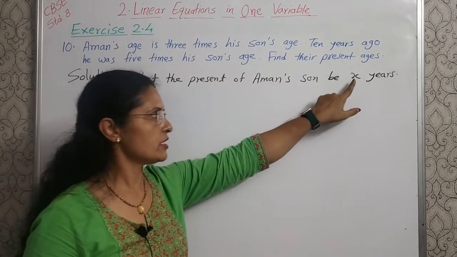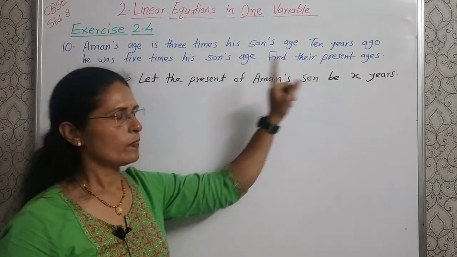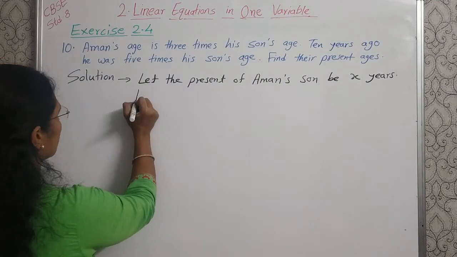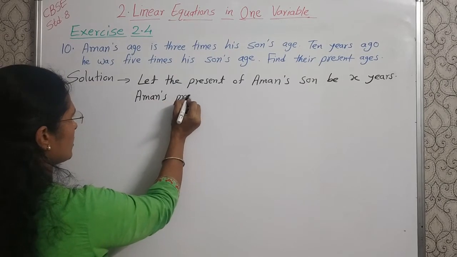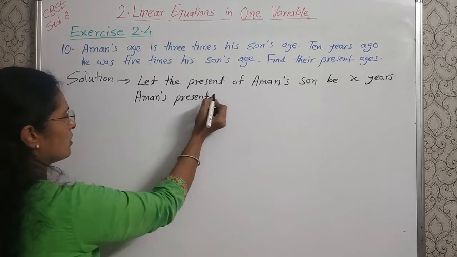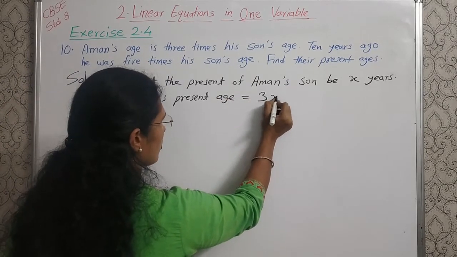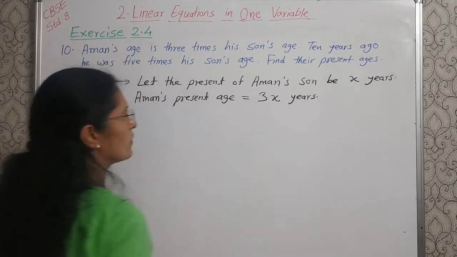Son's age is x, so Aman's age is 3 times of x, that is 3x. Aman's present age is equal to 3 times of x, so 3x years.